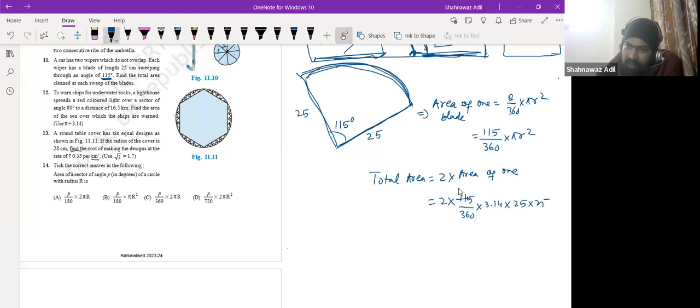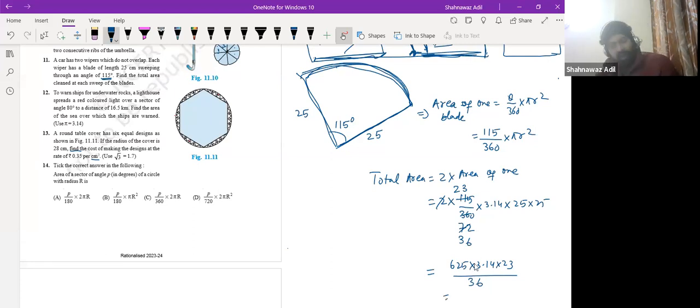This is 5 twos are and then 3s are. And then this is how much? 5 7 and then 2s are. And then this is 36, right? So this is how much? This is 625 and then 3.14 and then 23 divided by 36.